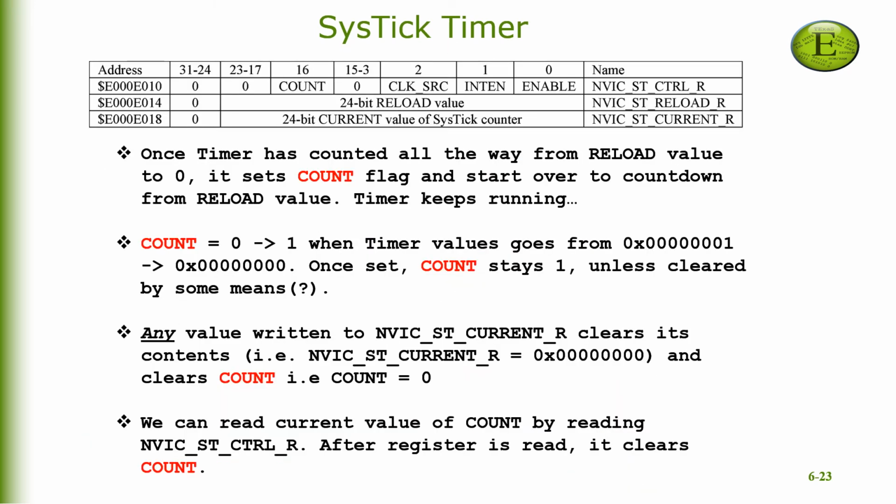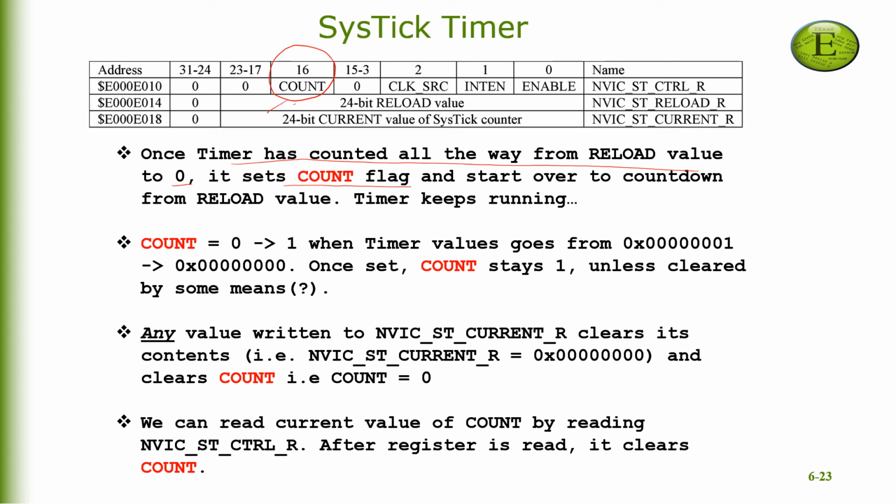In order to utilize the timer for our application, we need to regularly monitor its countdown status. Bit number 16 of the NVIC control register configuring the timer, therefore, is quite important. Once the timer has counted all the way from its reload value to 0, it sets the count flag.